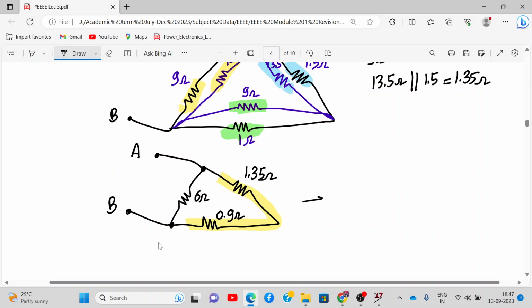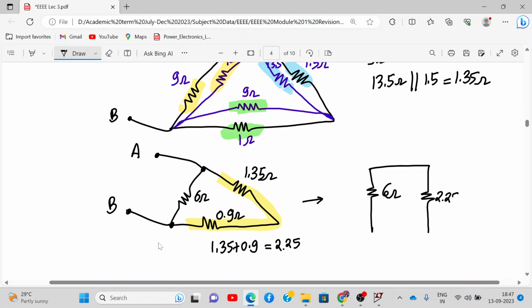So let me draw the network again. So here we'll have 6 ohm and then we'll add these two resistances. It will be 1.35 plus 0.9. That will come out to be 2.25. You can check it out. It will be 2.25 and here I have A and B. Okay.